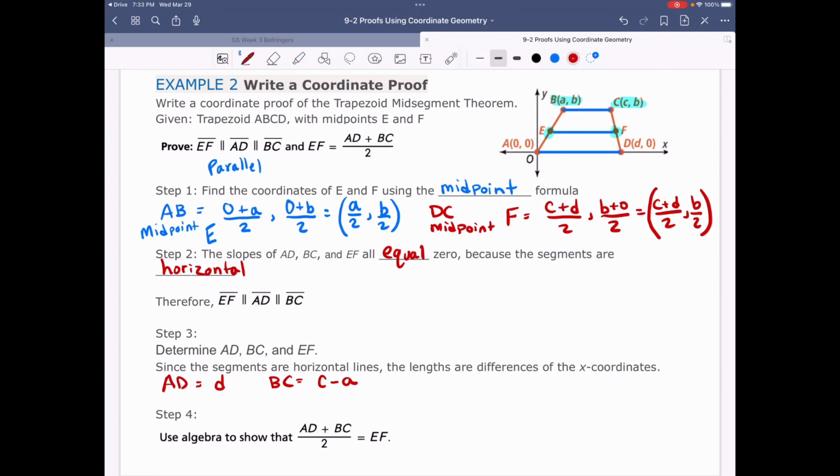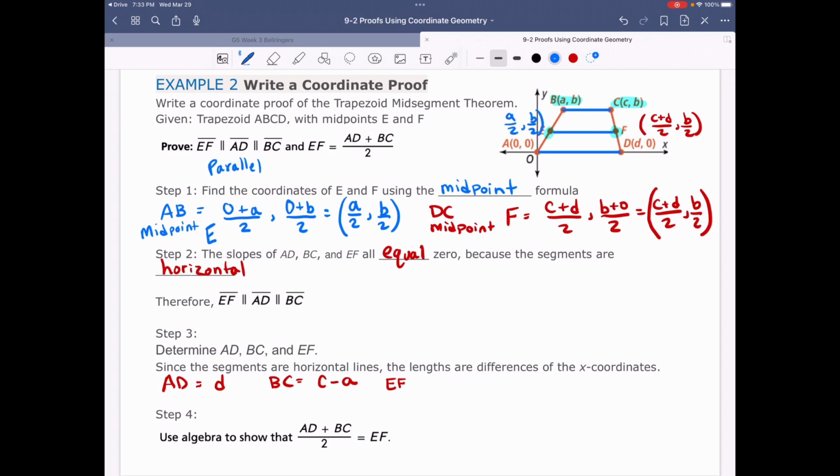And then the distance from E to F, we have to subtract the coordinates of E and F, and I didn't write those on our picture, so I'm going to write those now: (c plus d over 2, b over 2). And for E, we figured it out to be, I used blue for E, (a over 2, b over 2).